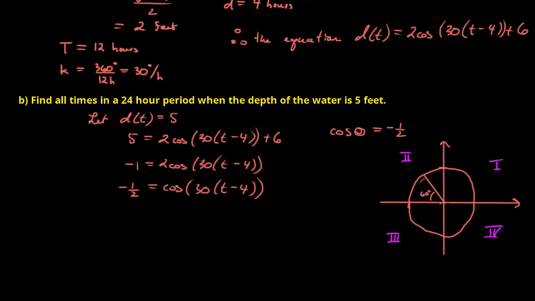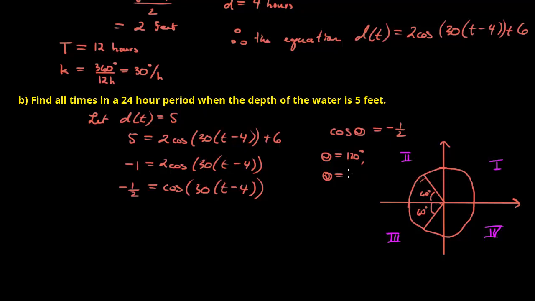So that means this angle is 60 degrees. And we could have the terminal arm being located in quadrant 3 as well. So that means that theta is either going to be equal to 120 degrees, or theta could be equal to 180 plus 60, which is 240 degrees, and this is just between 0 and 360, by the way.